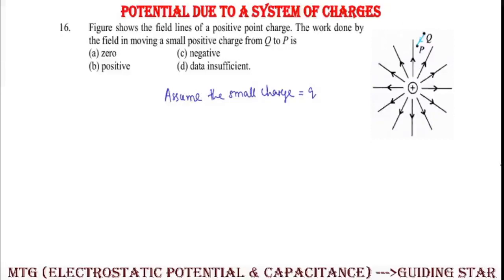Initially assume that the charge is at Q and finally it will be at P. Clear? So when the charge is at Q, what will be the potential energy of the system?